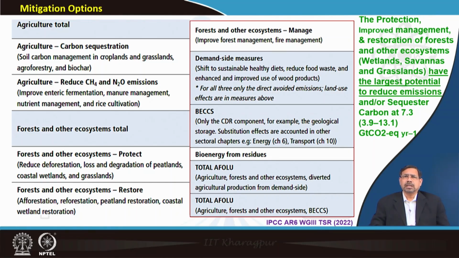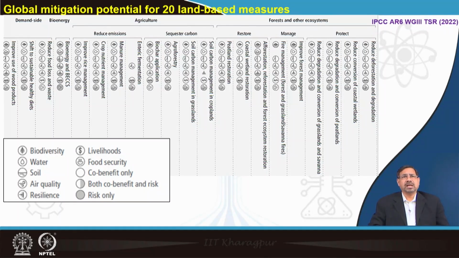That means the protection, improved management and restoration of forest and other ecosystems such as wetlands, savanna and grasslands have large potential to reduce emissions and also to sequester carbon dioxide, to the tune of 3.9 to 13.1 gigatons of carbon dioxide equivalent per year out of close to 60. So that means it has a huge potential. So this sector of AFOLU we need to target actually.